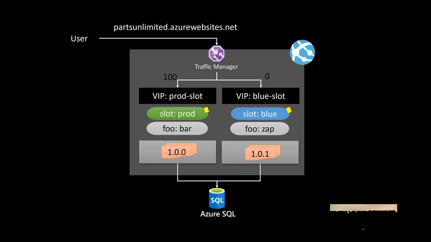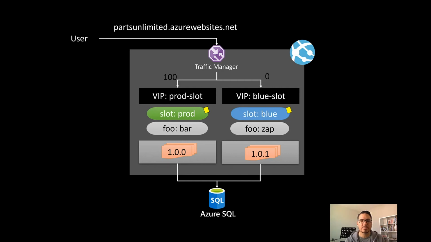You can see the value of foo is zap, and the value of the slot setting is set to blue. We've also made the slot app setting on both slots sticky so that when we do slot swaps later on, that value goes with the slot swap. Once we've deployed files to that slot, we can start directing traffic there, which gives us zero downtime deployment.